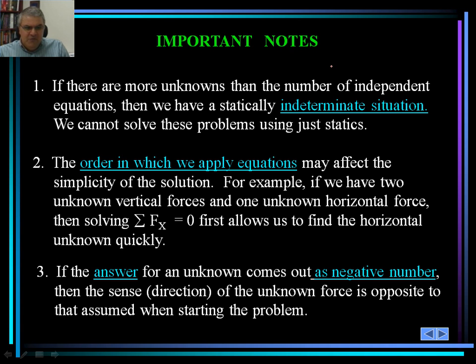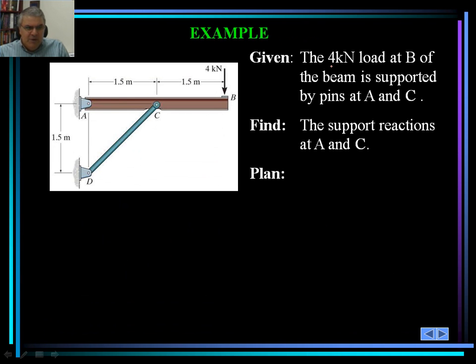Also, if the answer for an unknown turns out to be a negative number after we do all the calculations, then the direction of the unknown force is opposite to the assumed direction when we started the problem. And that's how we can distinguish some of the tension and compression forces. So let's do an example.